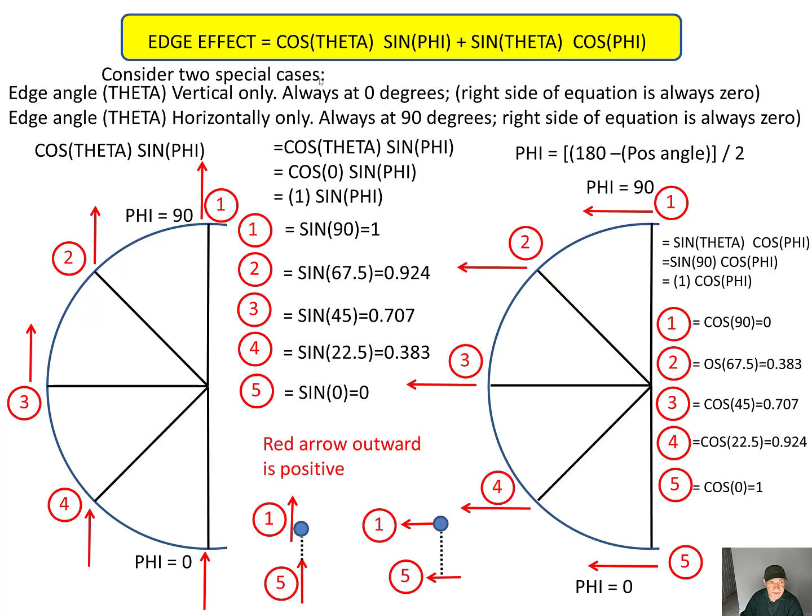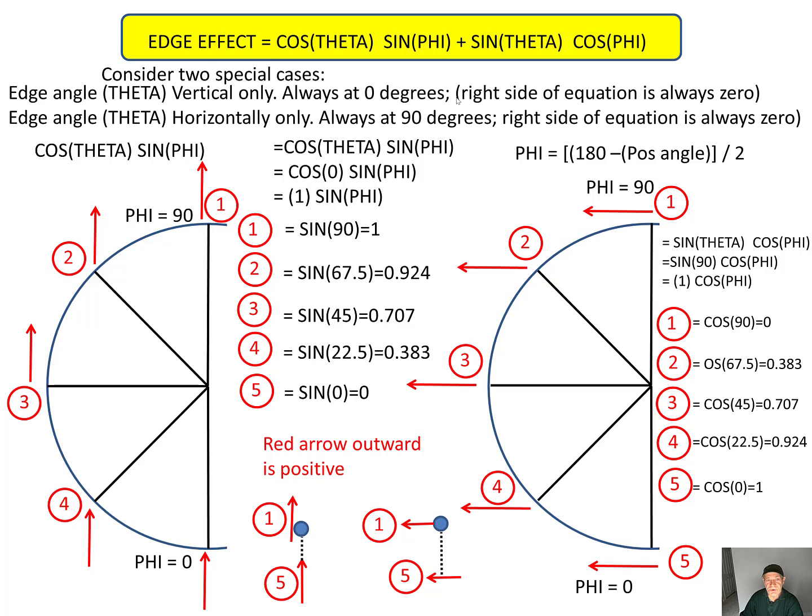Consider two special cases. The edge angle theta is always vertical. In other words, we're going to take the case on the left where we move a vertical component all the way around to 180 degrees and see what the effect is in each position.